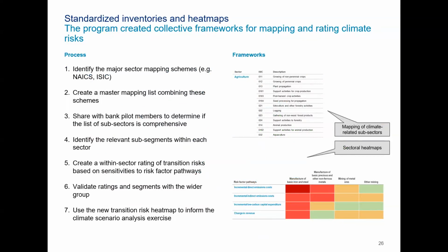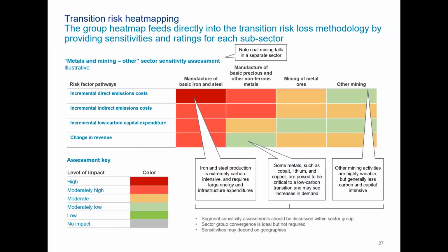And the value of this was, within the process of calibrating the transition risk and the loss outputs, one of the key steps, as I mentioned, is to think about those winners and losers and think about segments for the different sectors and how they would be likely to perform relative to each other.